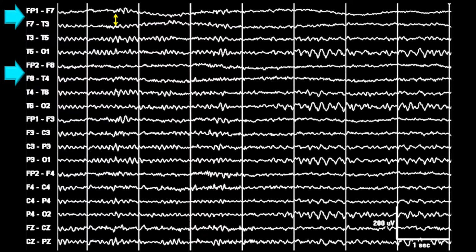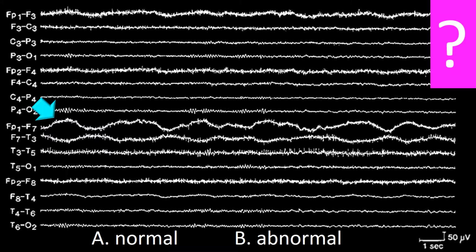Notice that the maximal and minimal phase reversals on the left and the maximal and minimal on the right do not coincide. So the answer to this question is A.